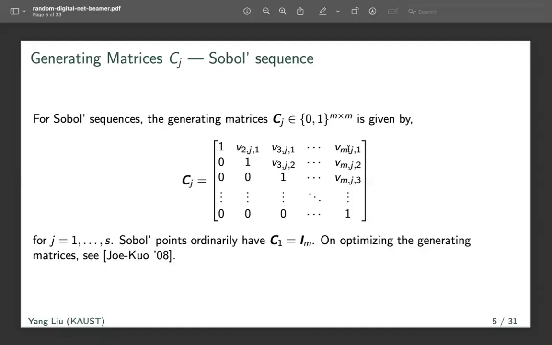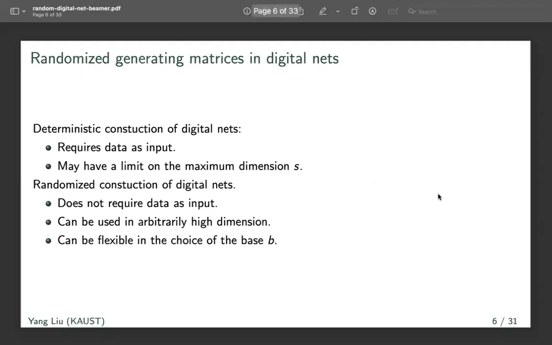So these generating matrices, the C_j's, are deterministic. But recently, there has been interest in the randomized construction of these generating matrices, because a deterministic construction may require data as input.